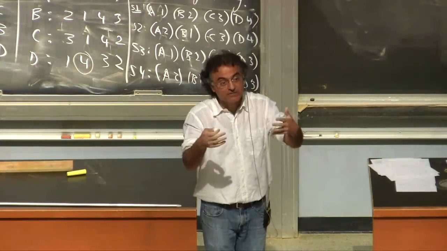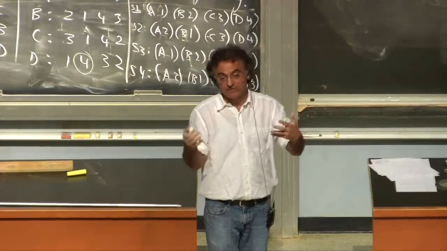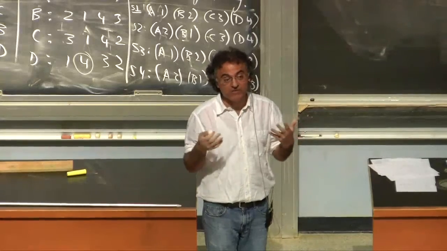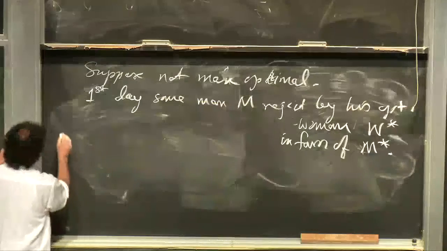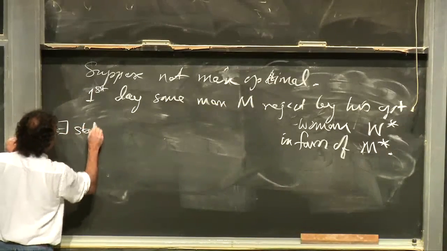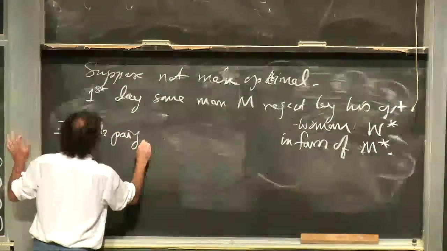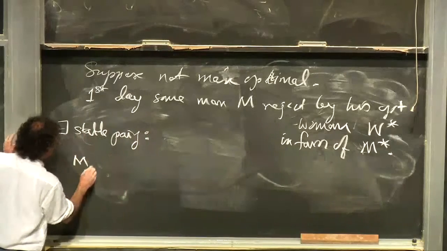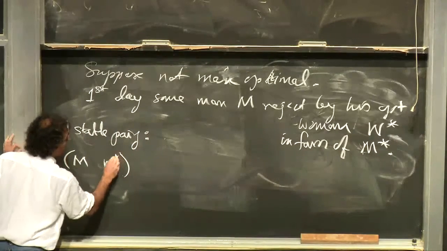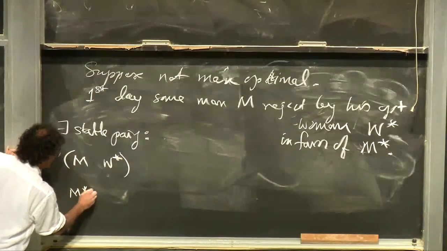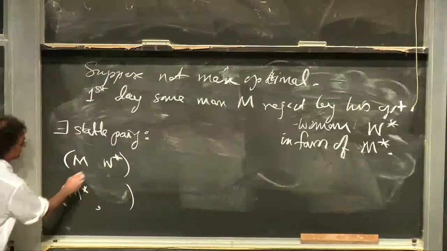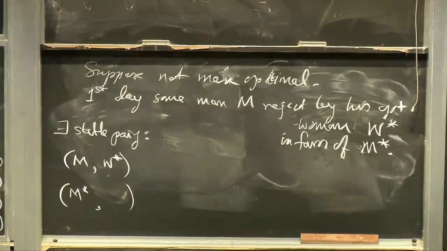There must be some stable pairing where M is paired with W star. Otherwise, she couldn't possibly be optimal. She might not even be feasible. So there exists a stable pairing such that M is paired with W star, and M star is paired with somebody else. Right? This must be a stable pairing.